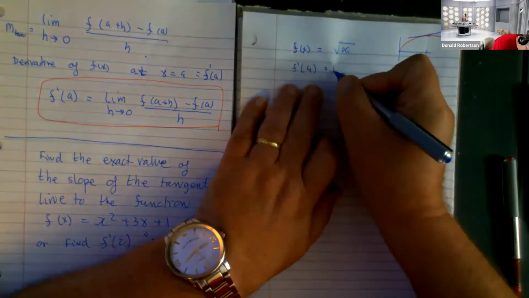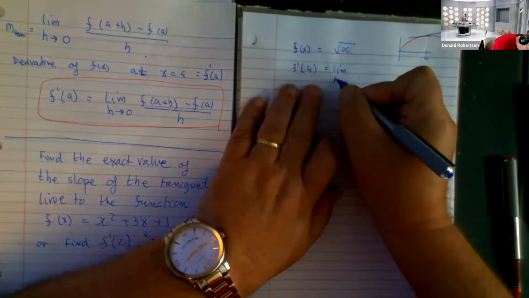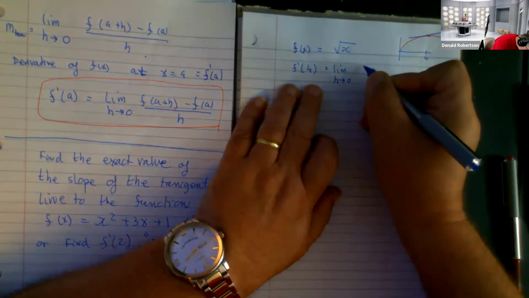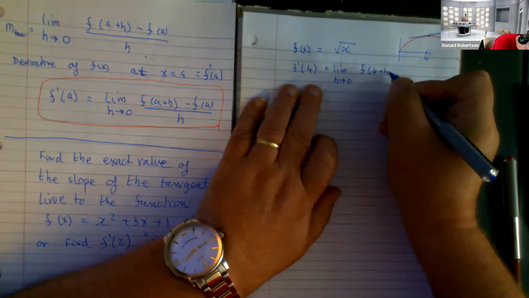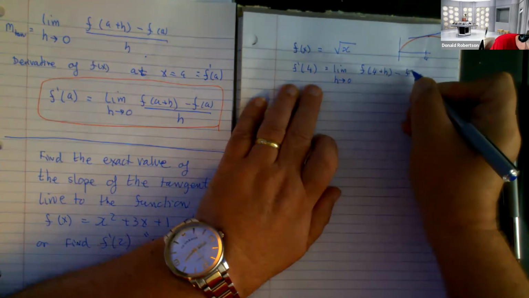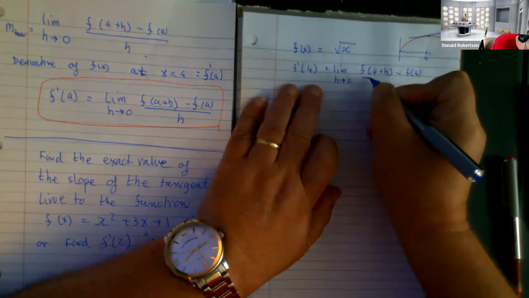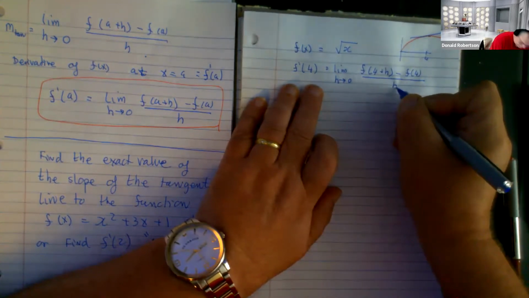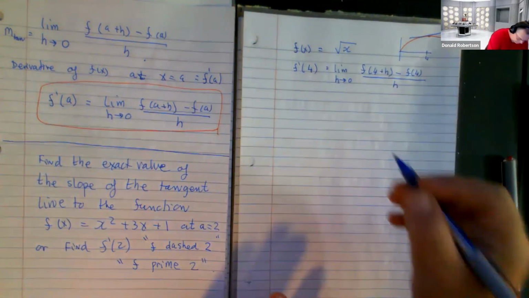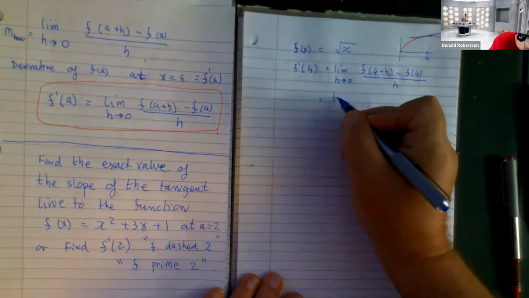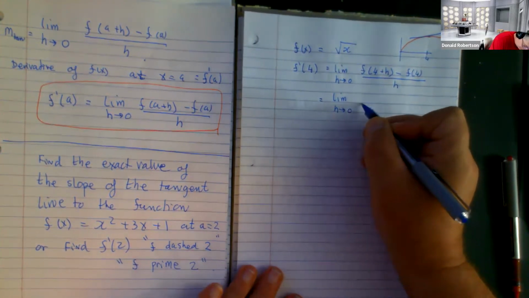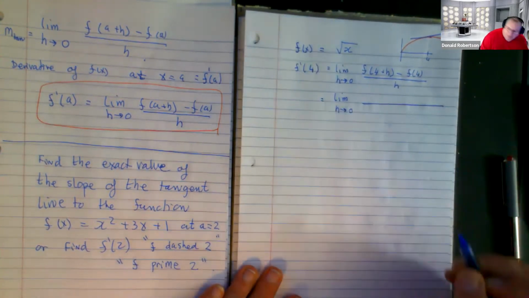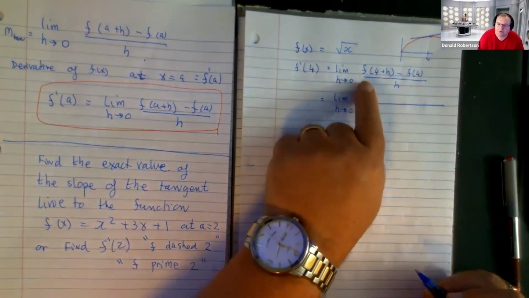So that's going to be the limit as h tends to 0 of the function at 4 plus h, take away the value of the function at 4, all over h. Now the algebra is a little bit uglier this time.